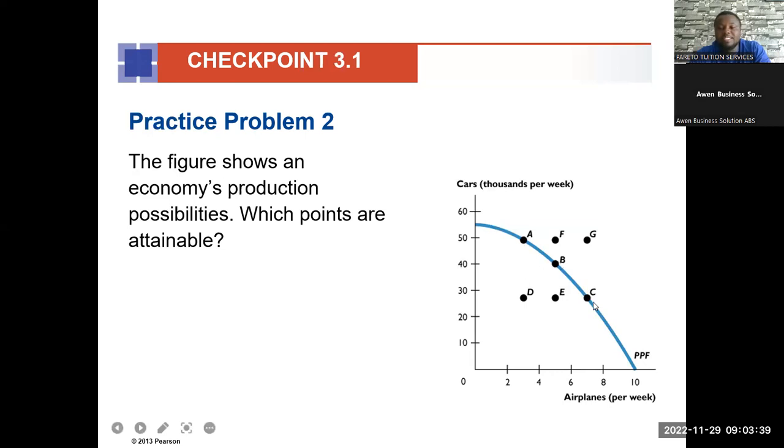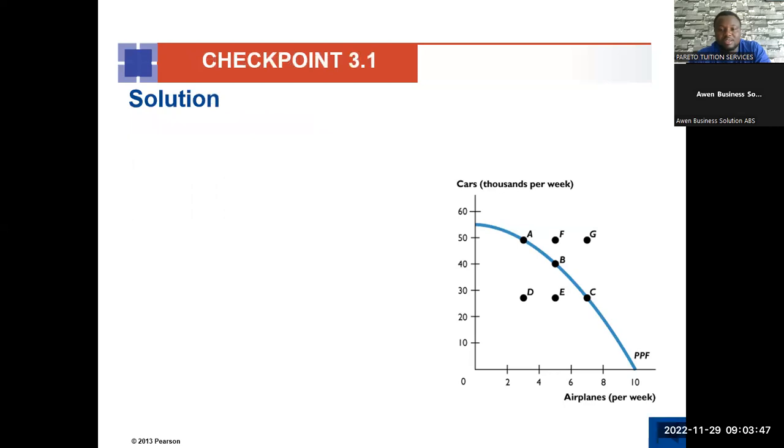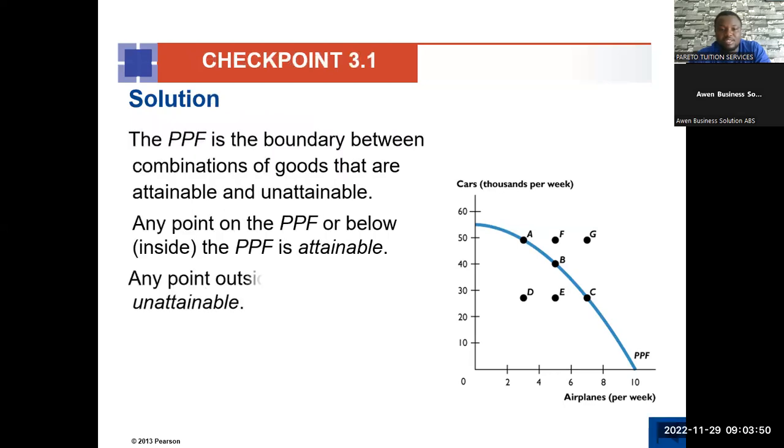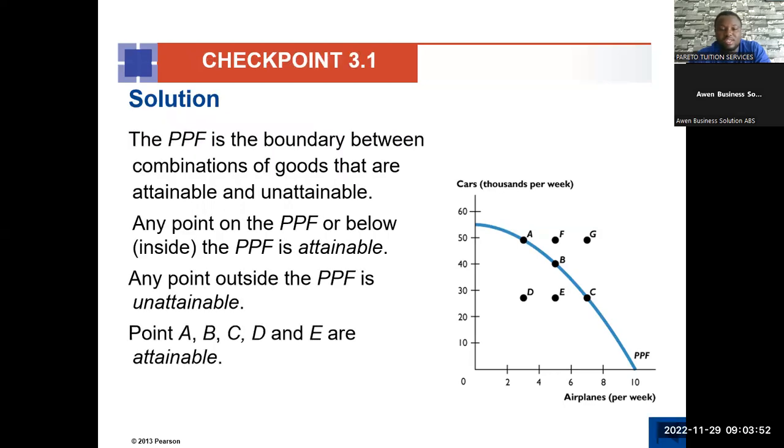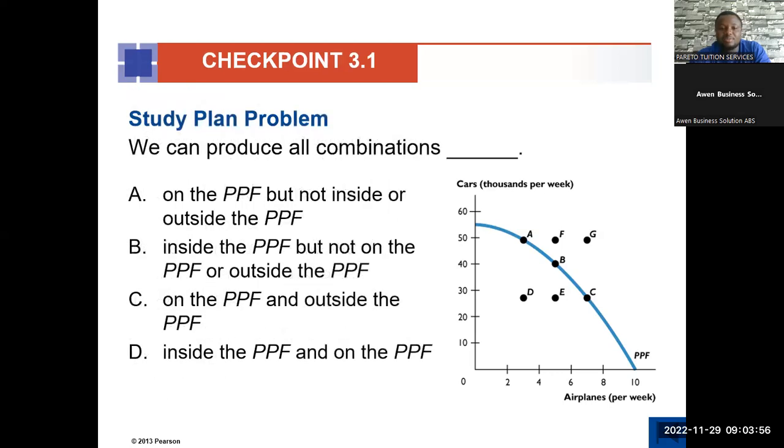Okay, so A, B, C, D, and E are all attainable, but F and G are outside the PPF, so we cannot attain those possibilities. All right, so of course that is the solution. A, B, C, D, and E are attainable, and then F and G are unattainable.